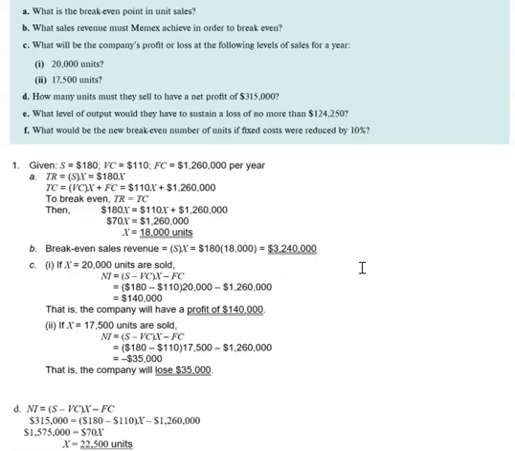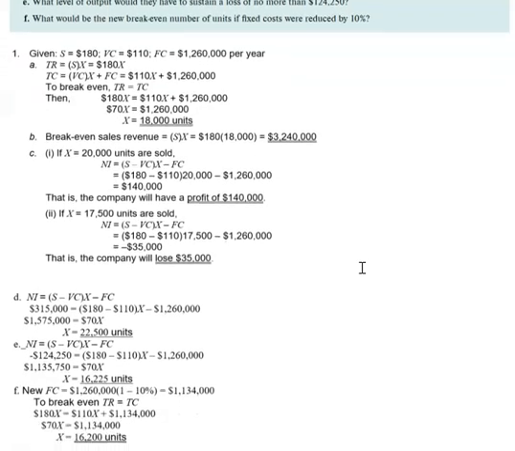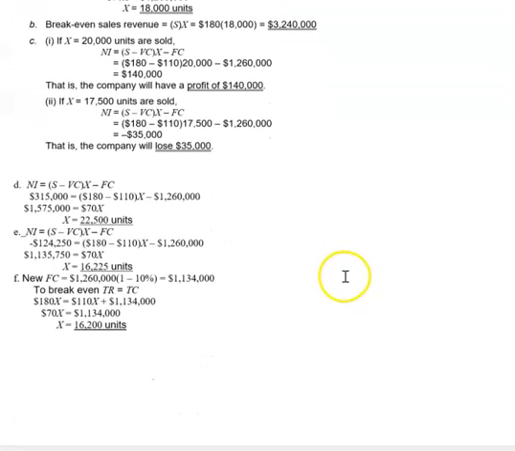Well, maybe you were able to pay this person a lower salary because they don't have as much experience or as many years with the company. So then we'd be able to reduce the actual fixed costs. So if we were able to reduce fixed costs by 10%, what would be the new break-even?